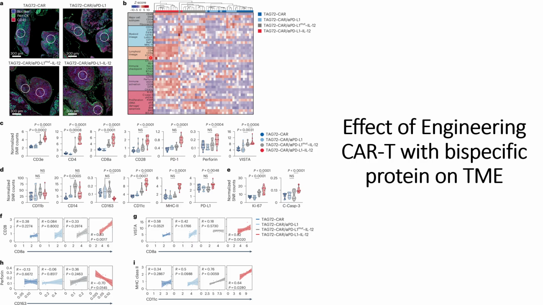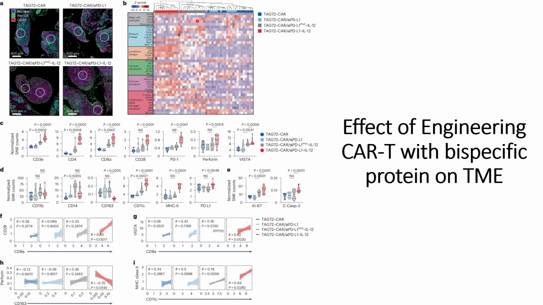Among those, the TAG-72 CAR with anti-PD-L1 and IL-2 has a high amount of lymphoid lineage, immune checkpoint, and T cell activation markers compared to the other cases. Even the mutated PD-L1 behaves differently compared to the TAG-72 CAR with anti-PD-L1 and interleukin 2 case.